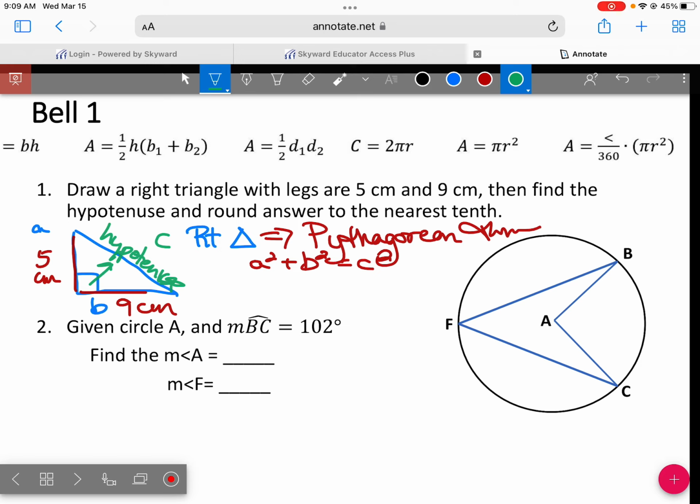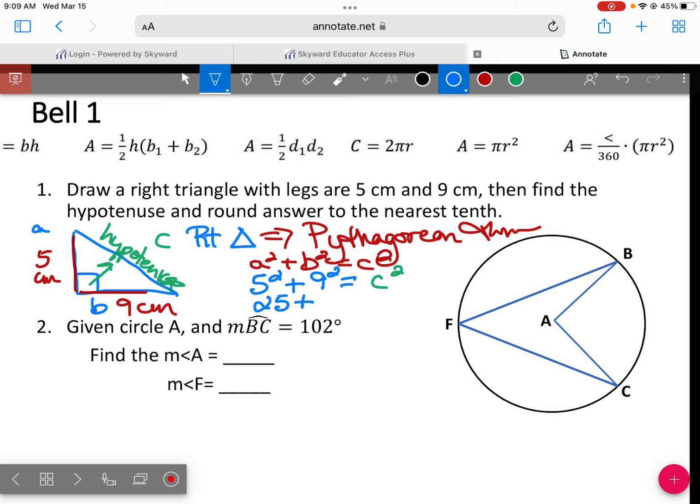So I'm going to say 5 is my A, 5 squared, plus B is going to be 9 squared, equals my hypotenuse squared, but we don't have that, so I'm just going to leave it as C. 5 squared is how much? 25.